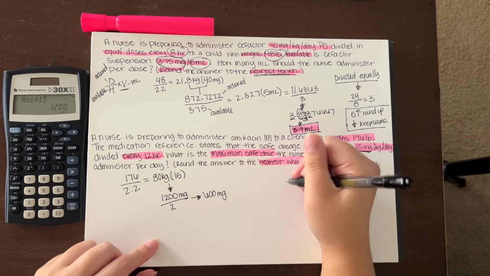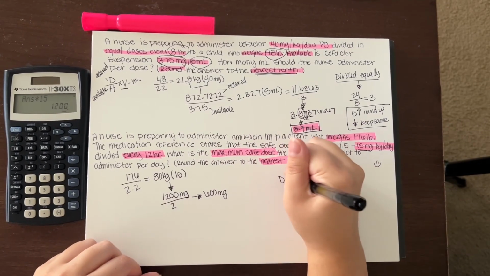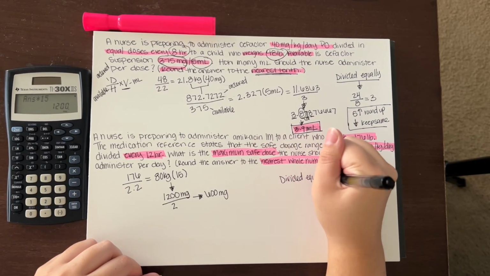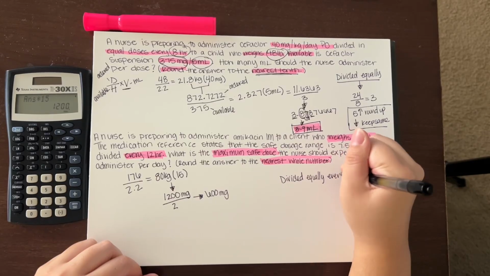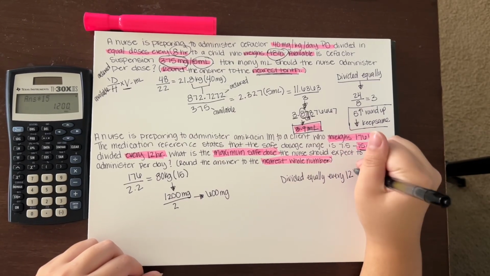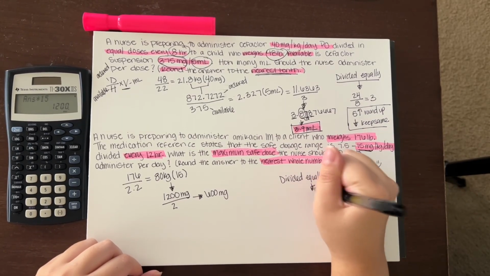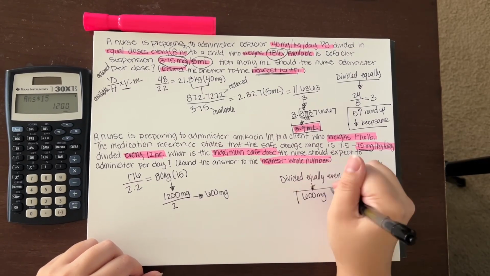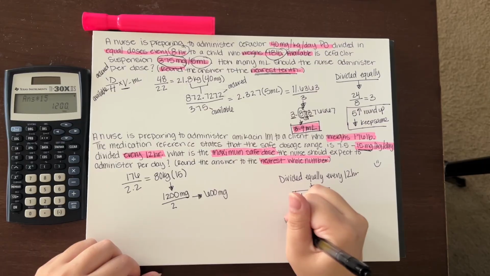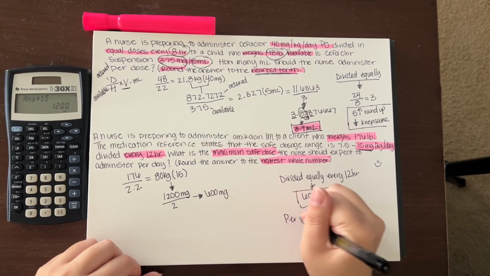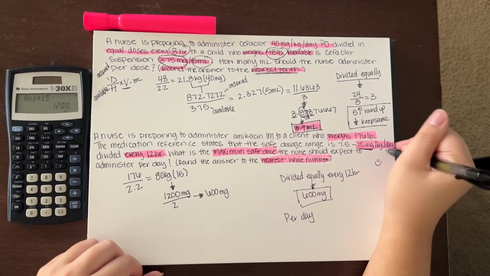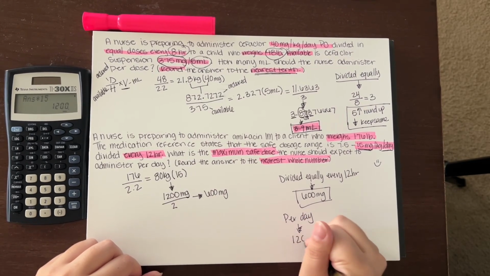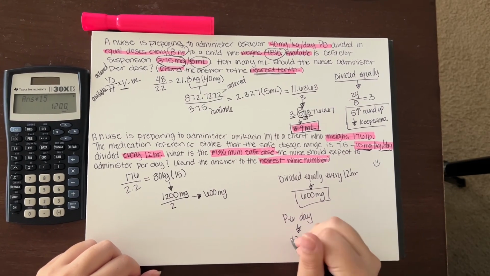So we'll write them right here. If it's divided equally every 12, your answer will be 600 mg. If it's just asking per day, which is what this is saying, your answer will be 1200 mg.